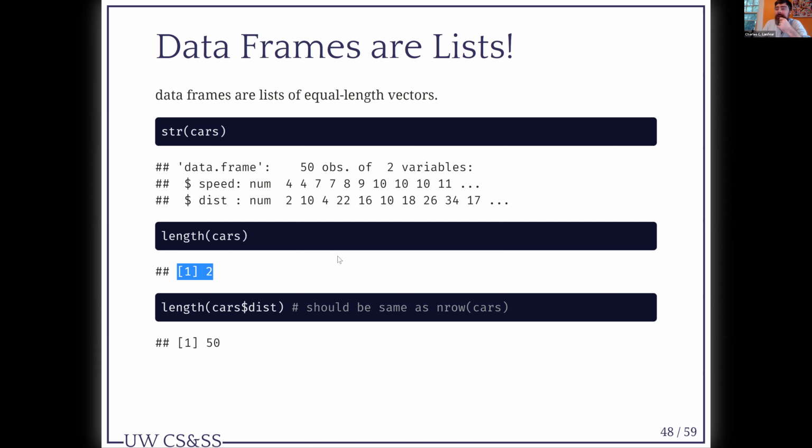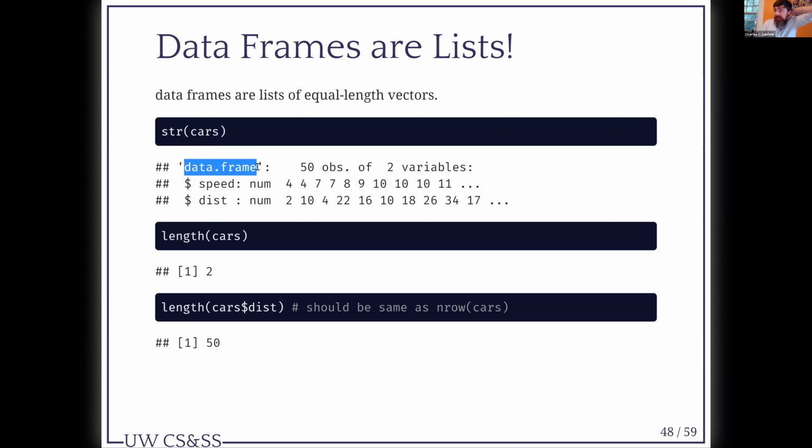They are its columns. If I do length on a subvector, that is cars dist, the distance column in cars, length here is 50. This vector has length of 50, but this data frame has a length of 2 because it has 2 columns. Data frames are lists.